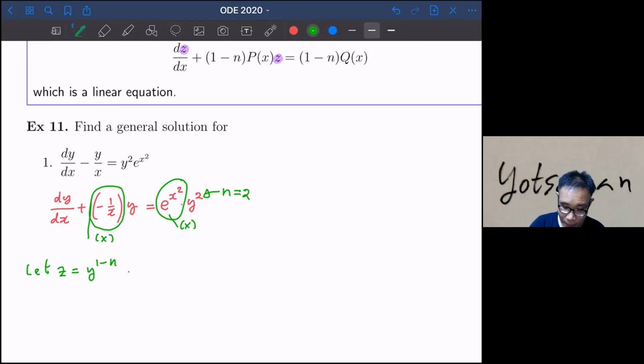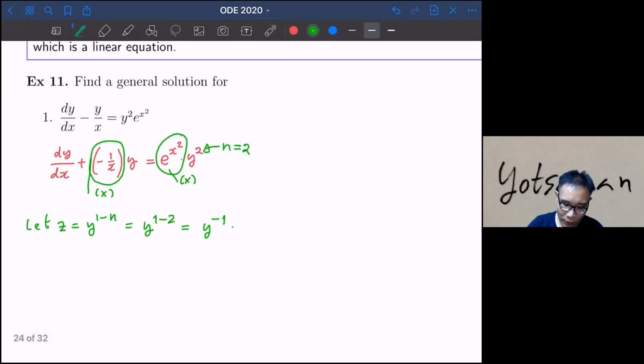Let me just say this one is y to the 1 minus 2, equal to y to the minus 1. Okay, sorry, y to the minus 1. You let z equal y to the minus 1, and you convert this to a linear equation.